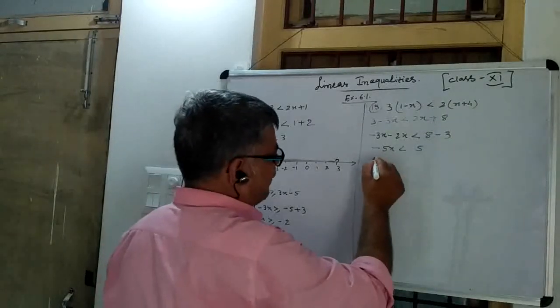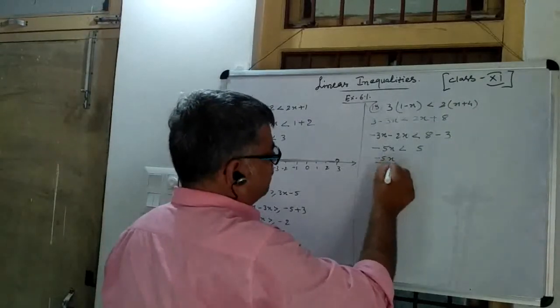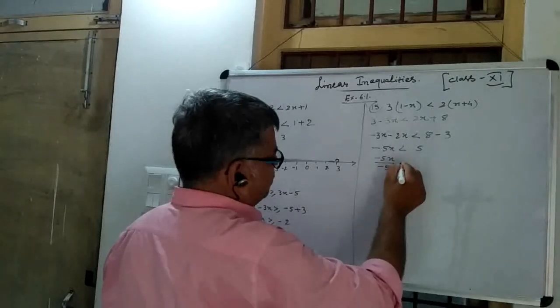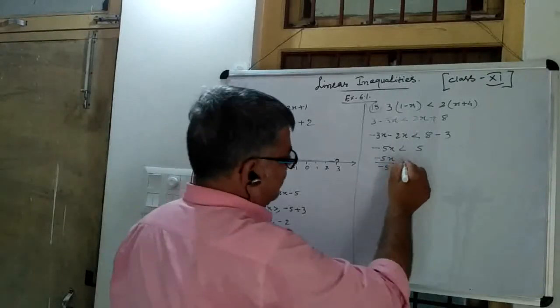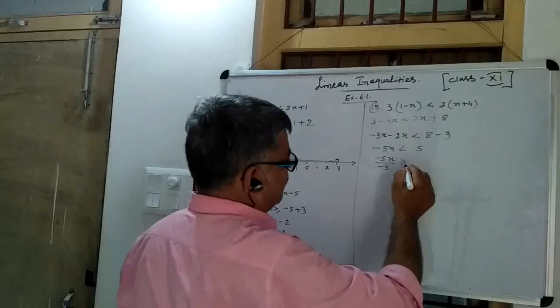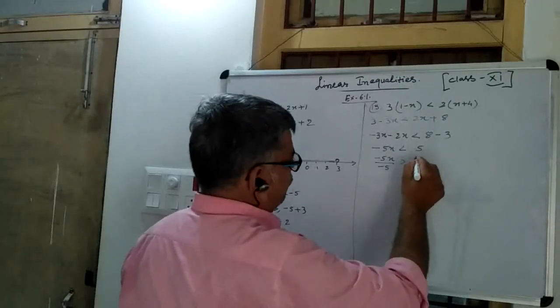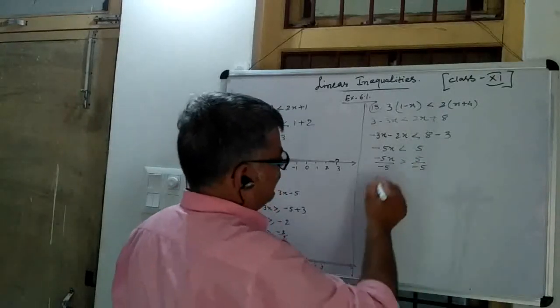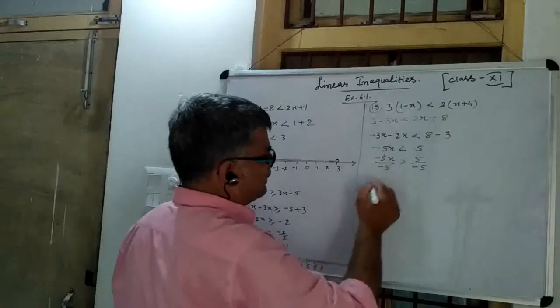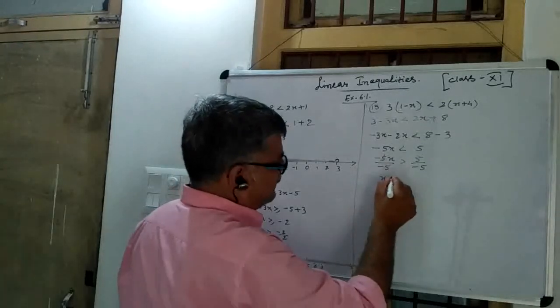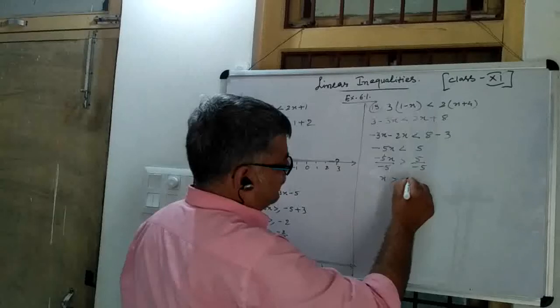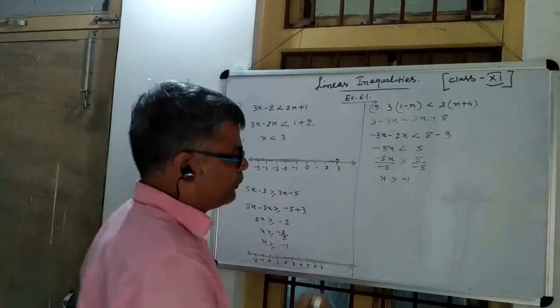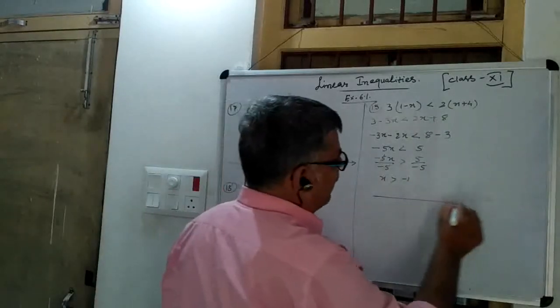When you divide by minus 5, the inequality sign reverses, so it becomes x greater than or equal to 5 by minus 5. Here the solution is x is greater than or equal to minus 1.